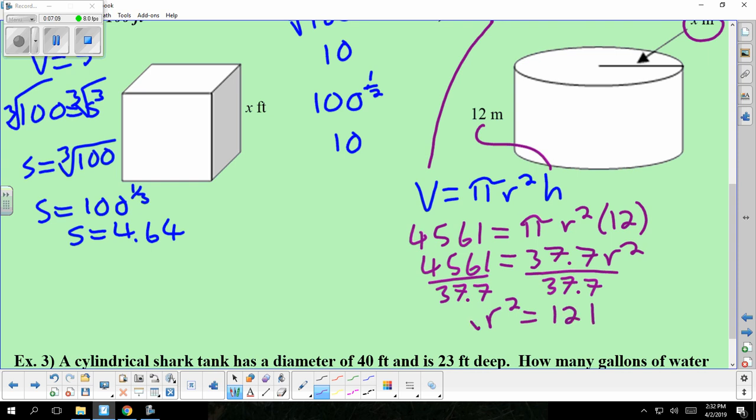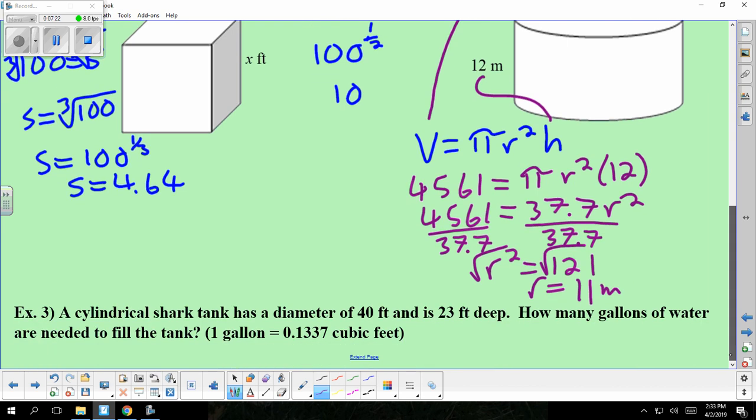Square root both sides. Can anyone tell me the square root of 121? 11. So this is 11 meters. All right.